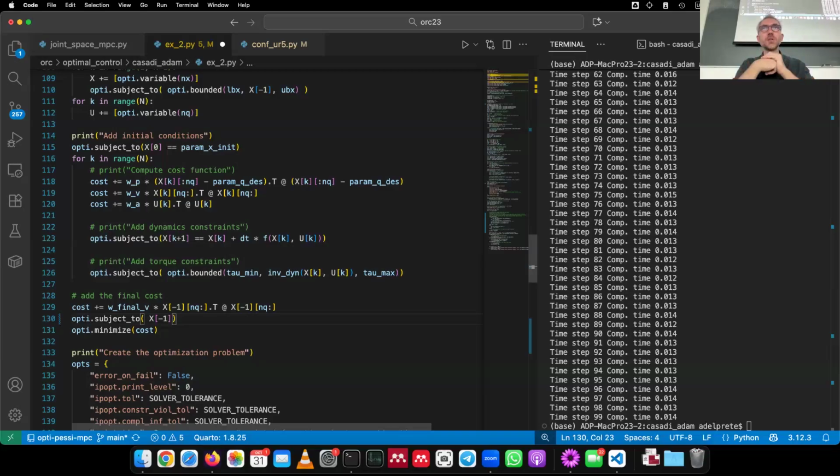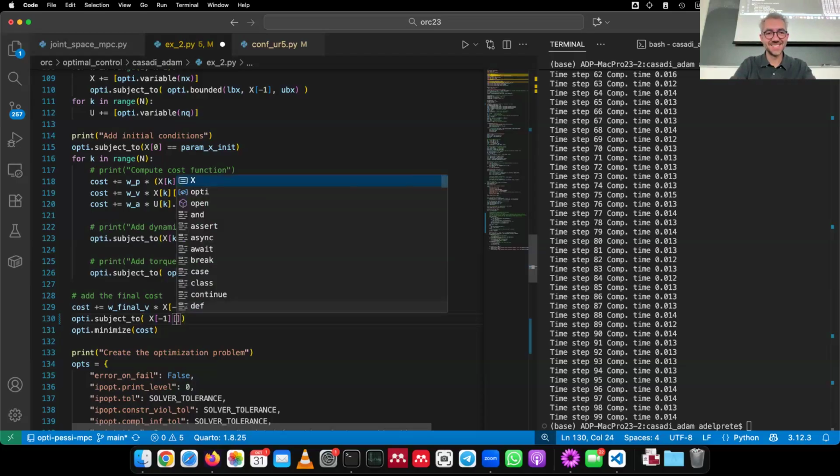And what should be the terminal constraint? On the state of the robot, the joint positions are at the desired joint positions. So the norm of the error is... We could try. Maybe it works.